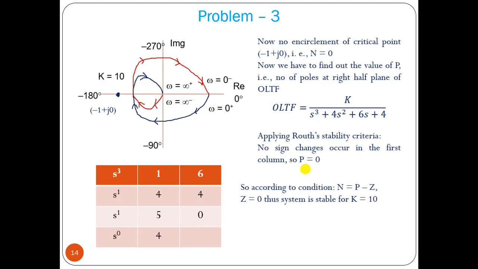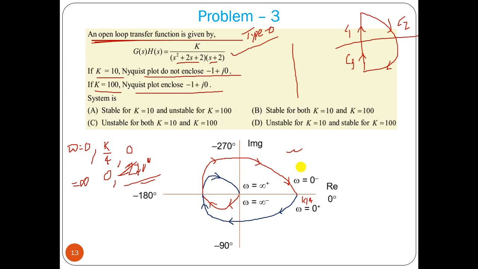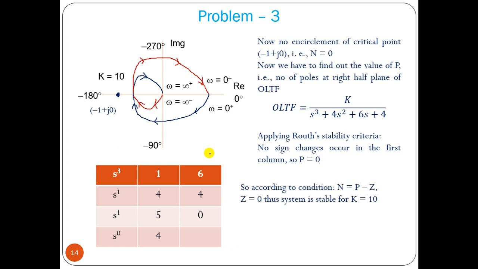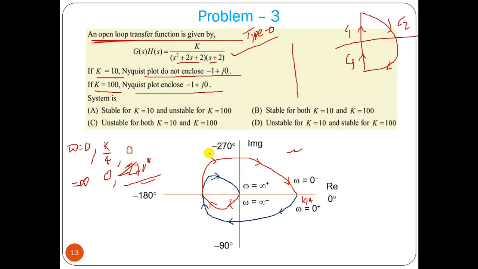Now from that plot, what we have to do is find out the stability. First, we have to find the value of P, that is, the number of right half plane poles of the open loop transfer function. Here we are not sure where this pole is, so we have to find out.